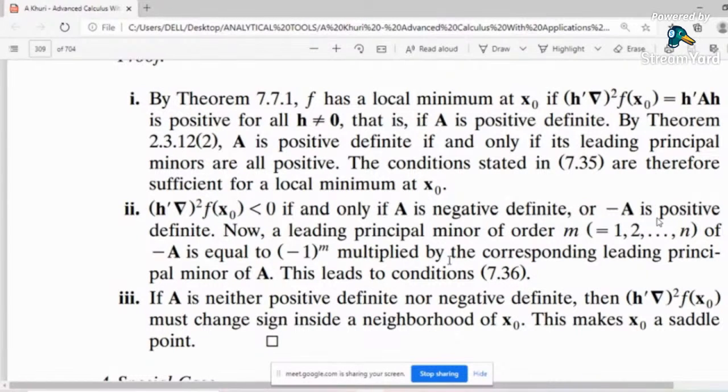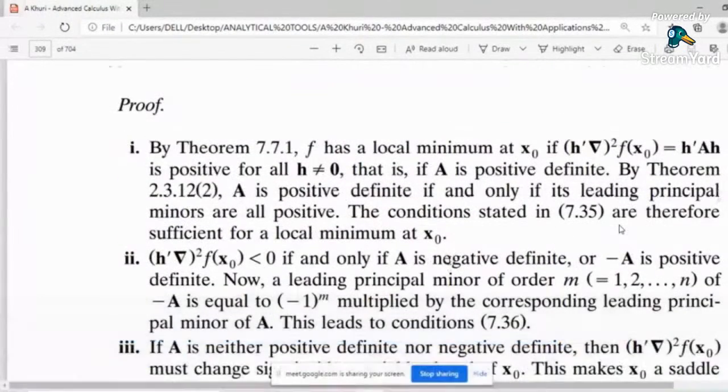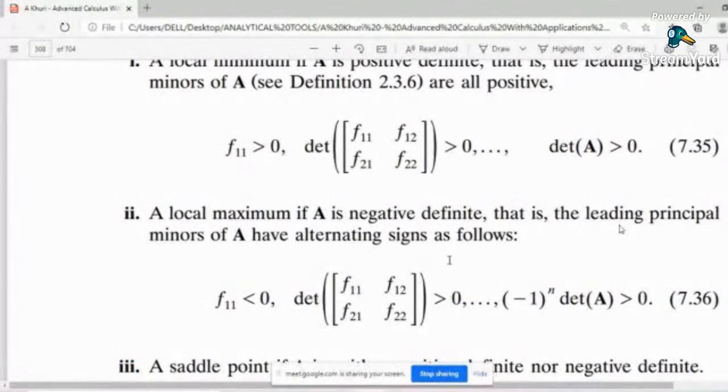So that is the condition for negative definiteness. In the third case, if A is neither positive definite nor negative definite, then h prime del square f of x1 must change sign inside the neighborhood of x1. This makes x1 a saddle point. So we have discussed the theorem.